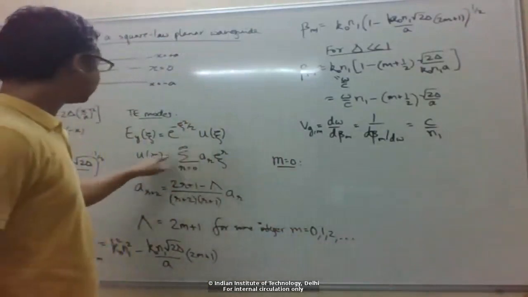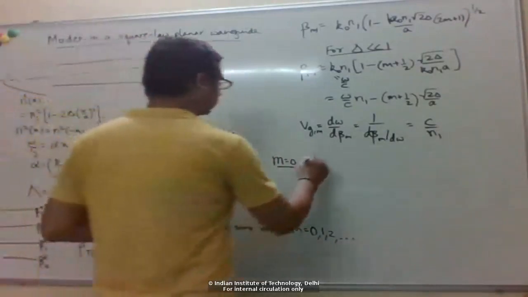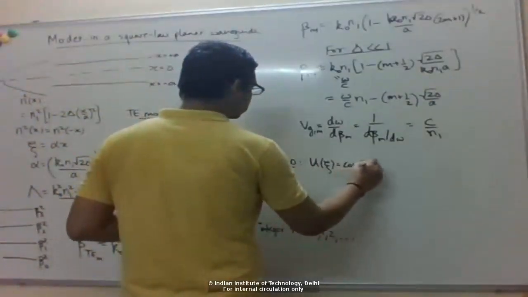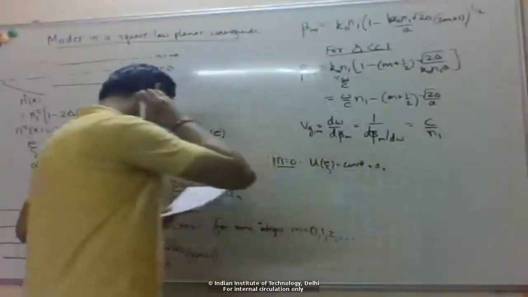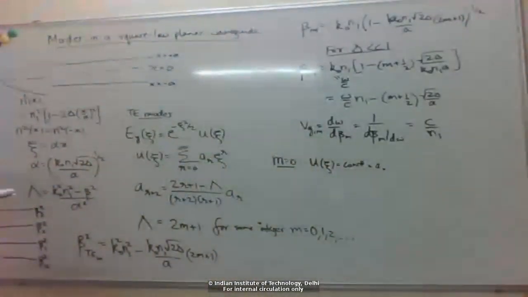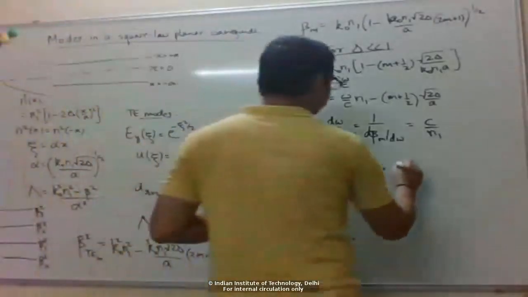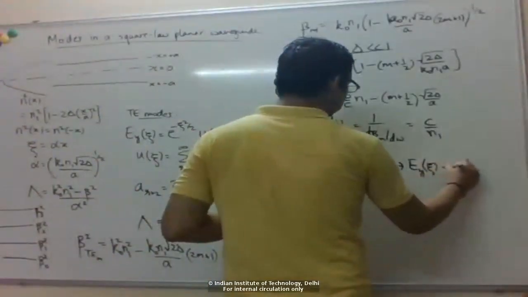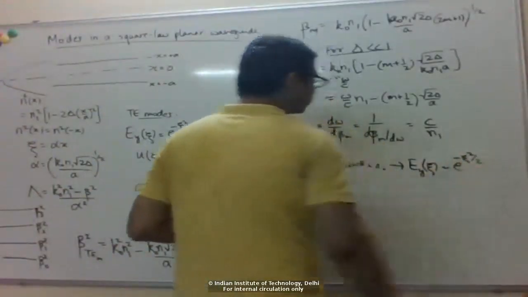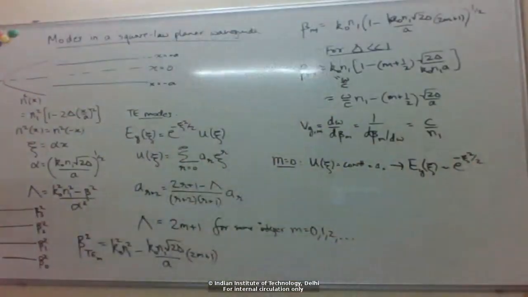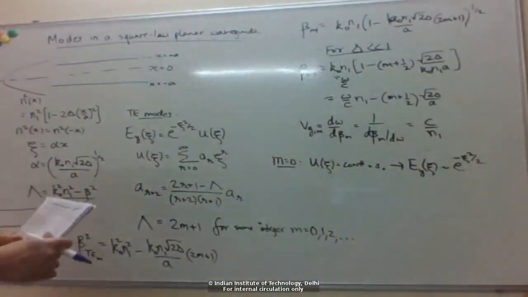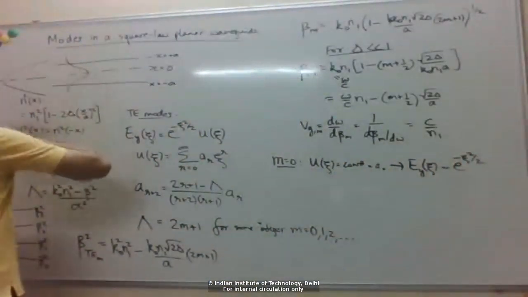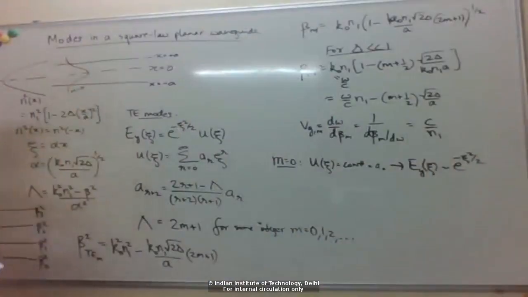So u of psi is just a constant, which means the mode profile is just a Gaussian function. So the lowest order mode, the mode profile looks like a Gaussian. That's m equal to 0.